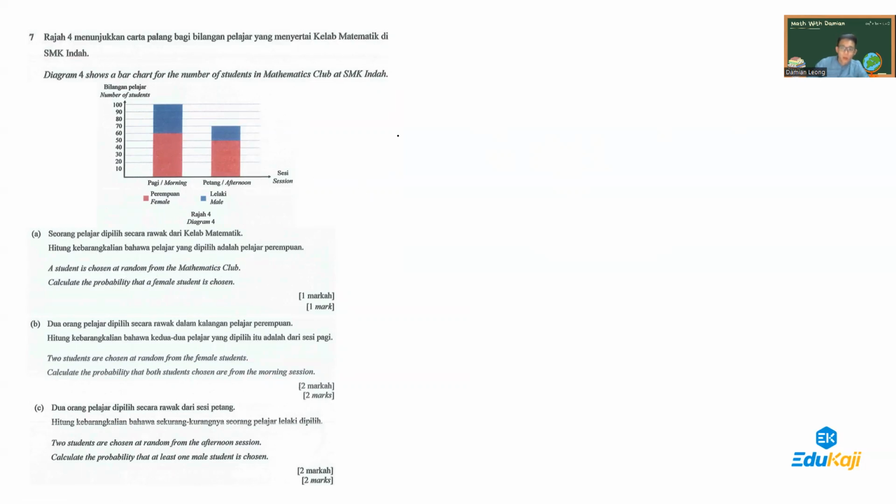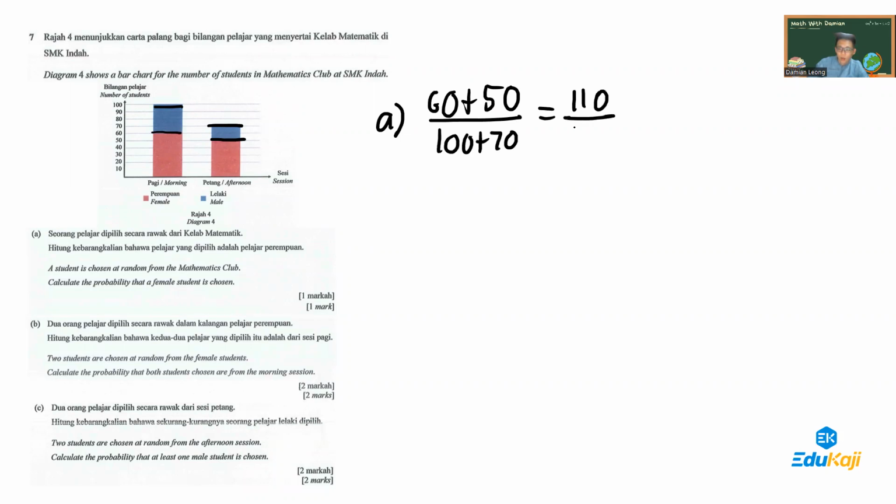The probability a female student is chosen is the number of female students, 60 plus 50, over the total number of students, 100 plus 70. So 110 over 170, 11 over 17. You can leave it in fraction form. Don't need to change to decimals.